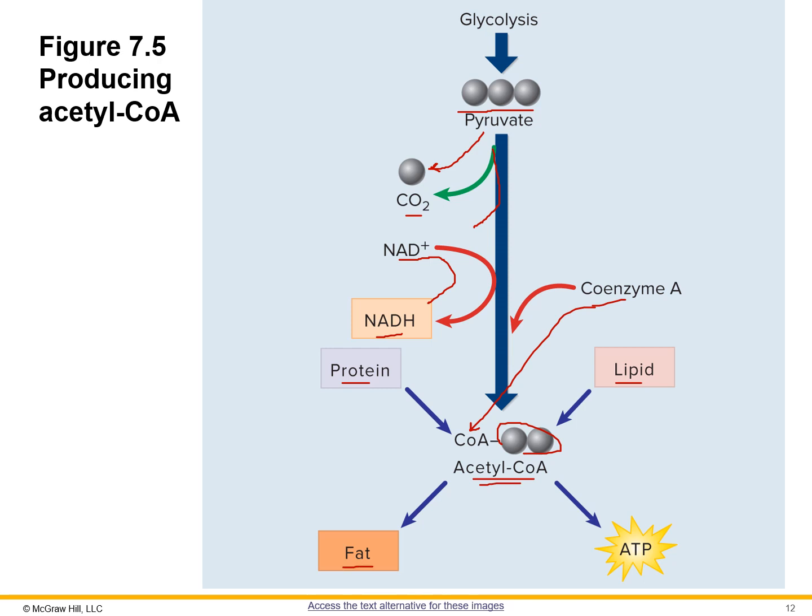What this bottom part here is showing is that acetyl CoA, regardless of where it comes from, whether it's from glucose, proteins, or lipids, has 2 options. If we have enough energy, then ultimately it gets stored as fat. If we need energy, then it's further broken down in the Krebs cycle to give us ATP.